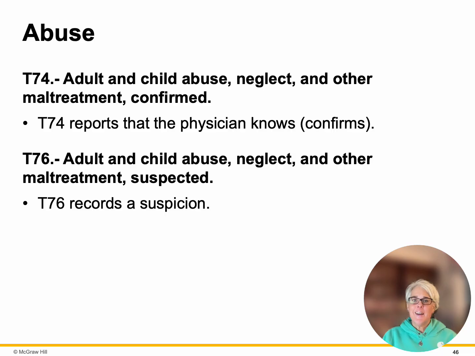A coder must not make assumptions. This is what we've talked about throughout this class: you never want to assume. You never want to assume that, if a patient is taking opioids for an injury, there's opioid abuse, or if they drink alcohol, that there is alcohol dependence or alcohol abuse.